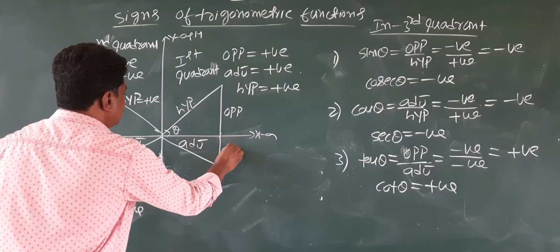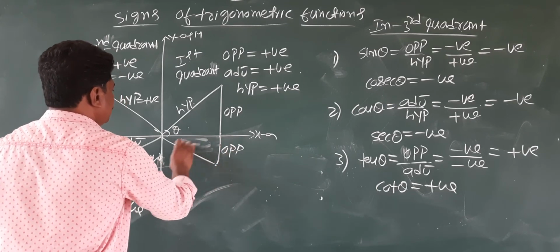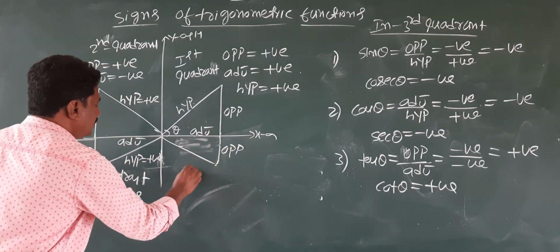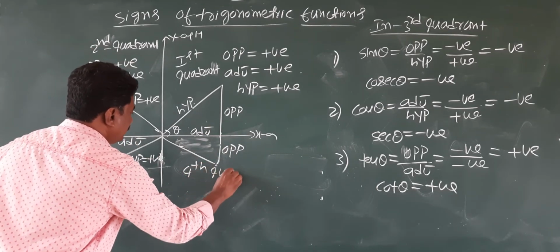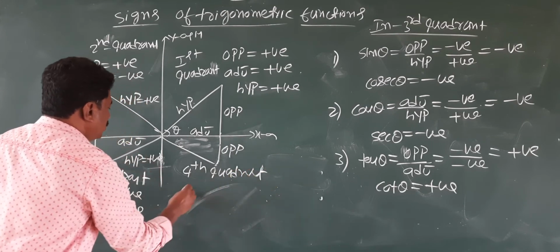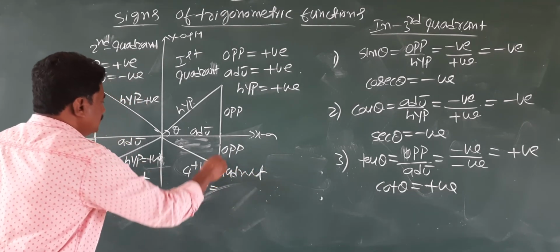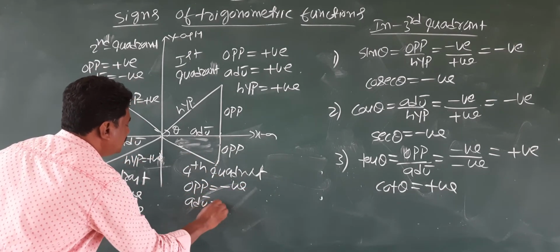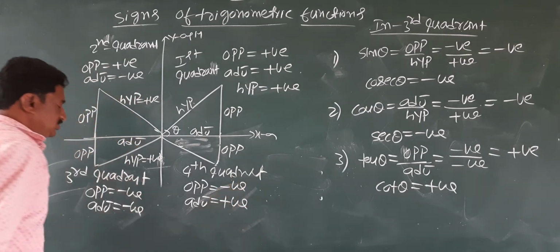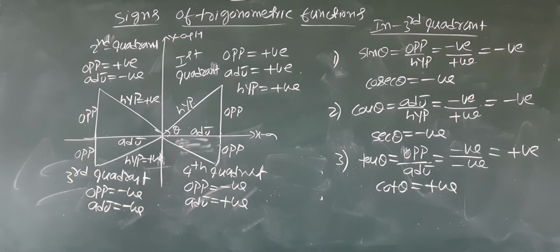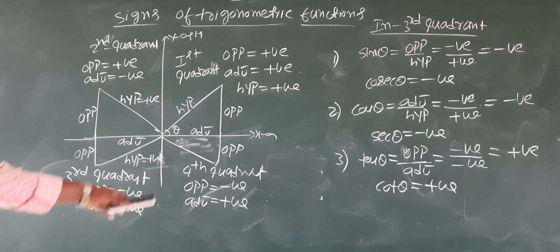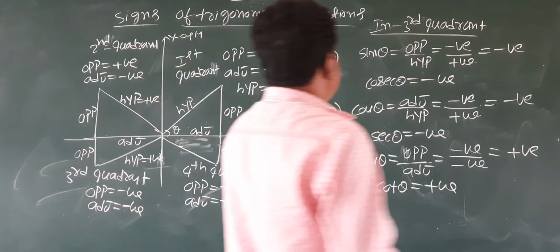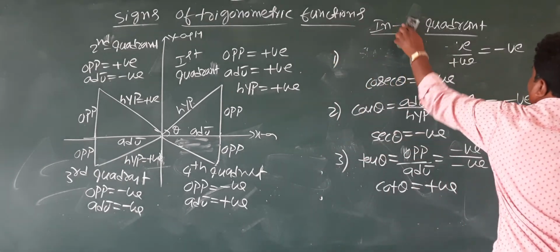In the fourth quadrant, the opposite side is negative and the adjacent side is positive. Using these sides, you go for finding the signs of trigonometric functions.